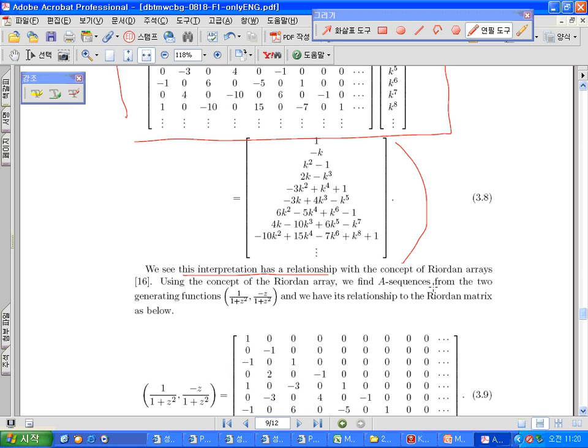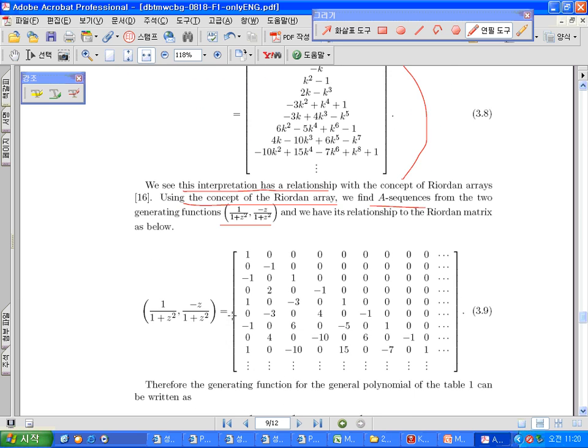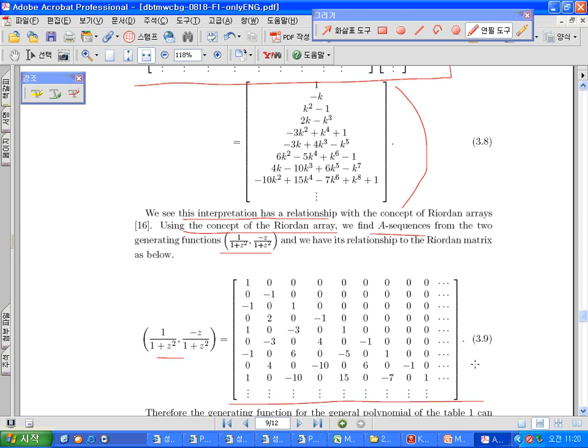We could use the concept of Riordan array on this series of numbers. So we could find the A sequence from the two generating functions of these two, which give us this.